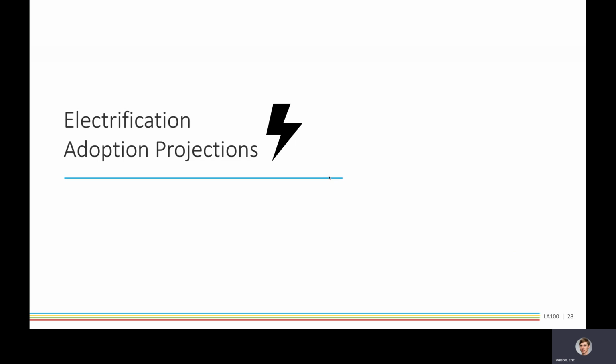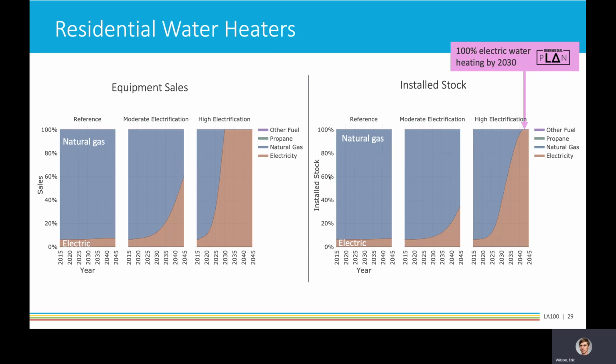So electrification was one of the parameters that we varied. Just to give one example here, for three different scenarios, we had a reference level of electrification of residential water heaters. So currently the installed stock has about, say, 5% electric water heaters, with the rest using natural gas as a fuel.